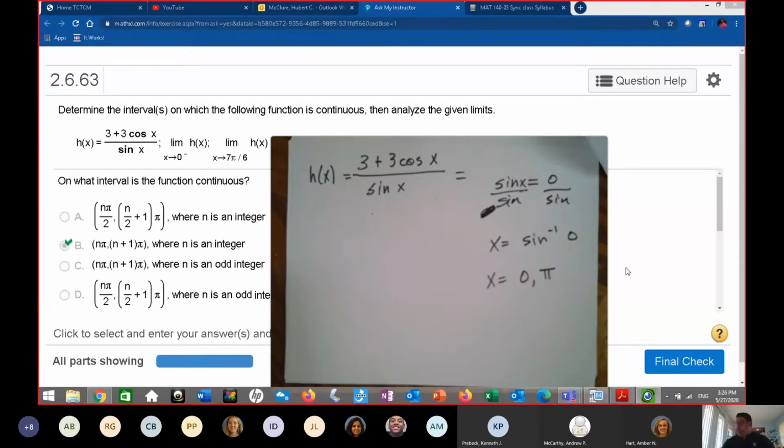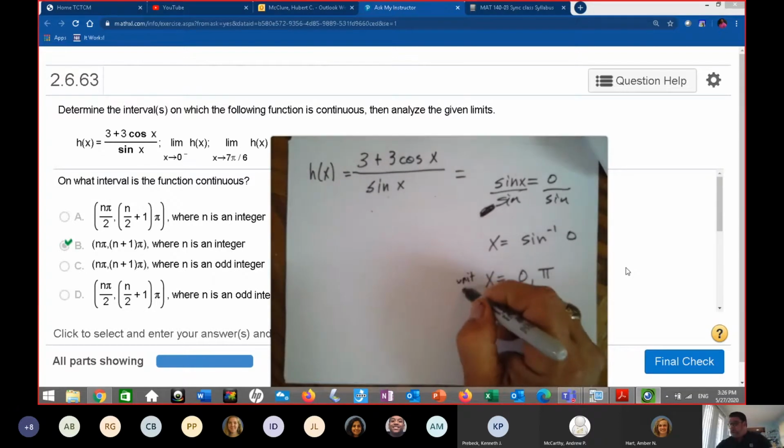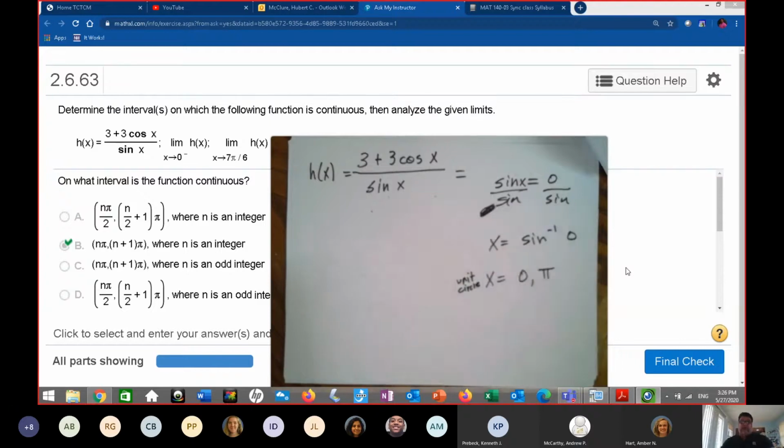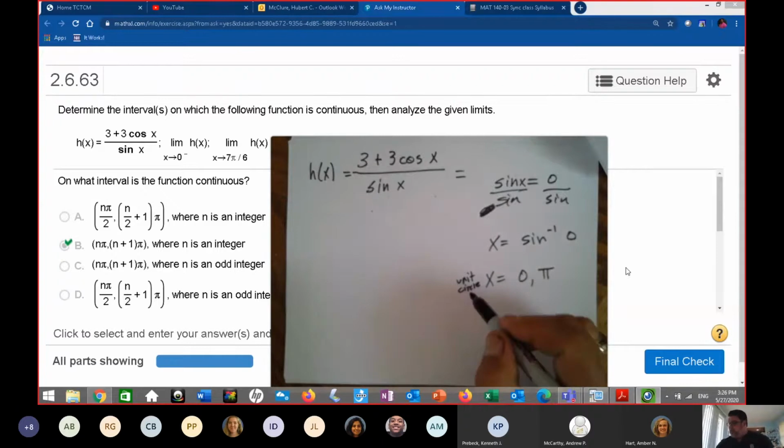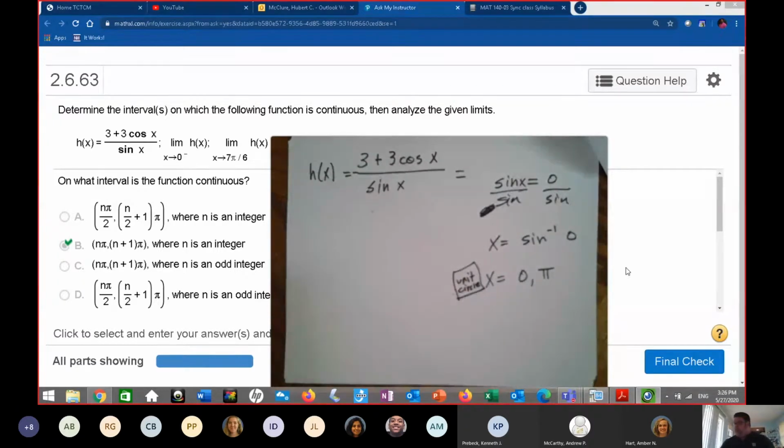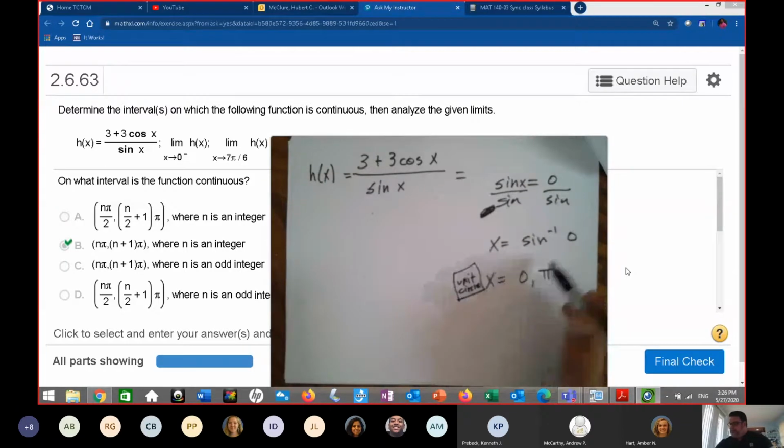Everybody with me? And you can type that into your calculator. It's probably not going to give you 0 and pi. The best thing for you to do right here is go to your unit circle. You know that thing I put on the files for you so you would kind of remember? Okay, unit circle. And the only two angles where the sine is 0 are 0 and pi.